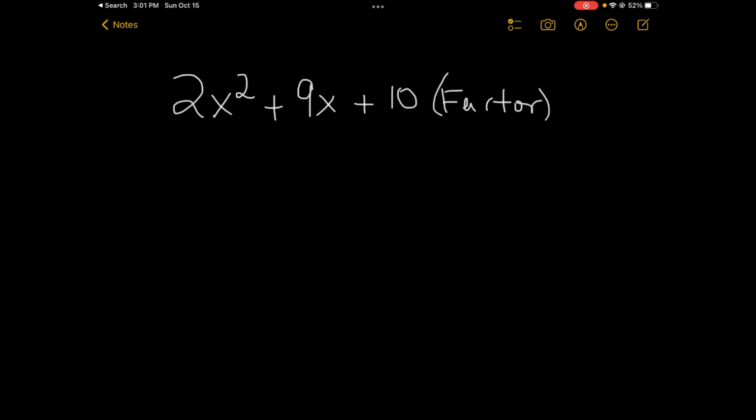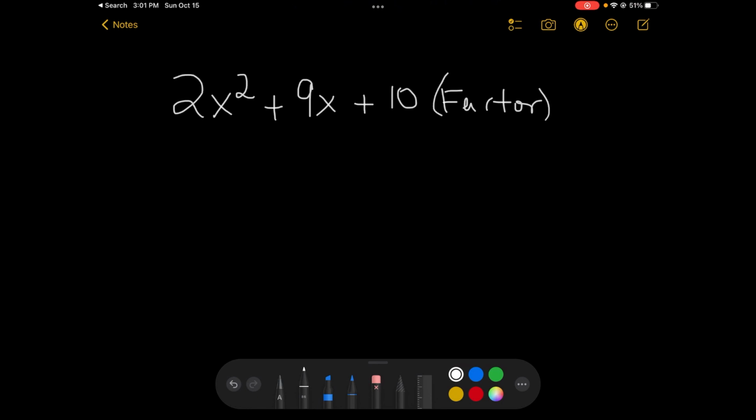Now, how would we go about doing that? Well, using the AC method, let's circle our A value and our C value and underline our B value.